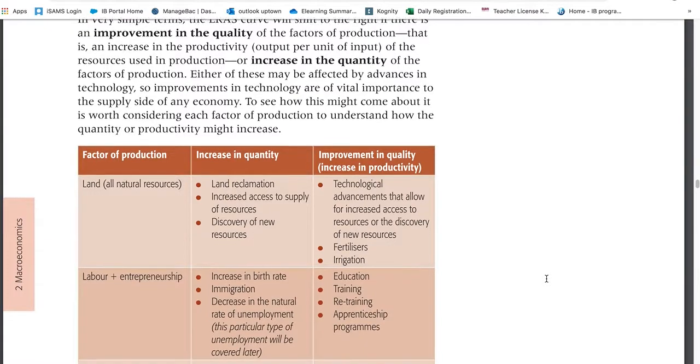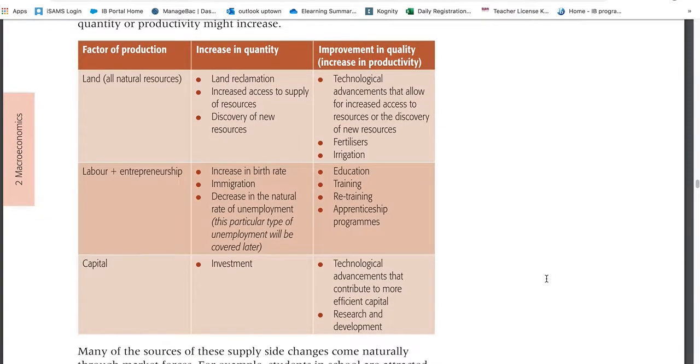So I like this chart here because it kind of demonstrates the two different ways that a shift could occur in the long run aggregate supply curve for land, right? So all the resources, that's one of our factors of production. There could be an increase in quantity, right? You could discover new resources, a new island, a new area, a new type of resource that we've never used before.